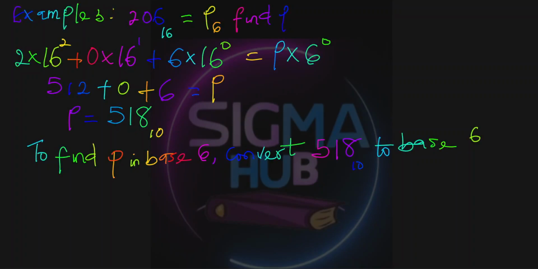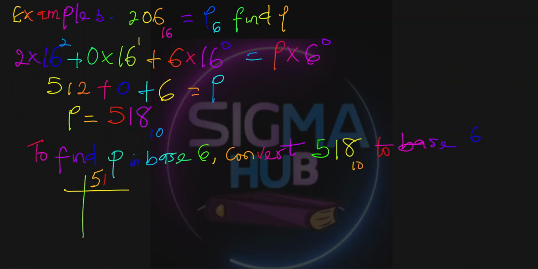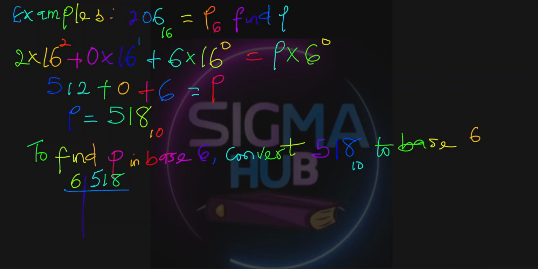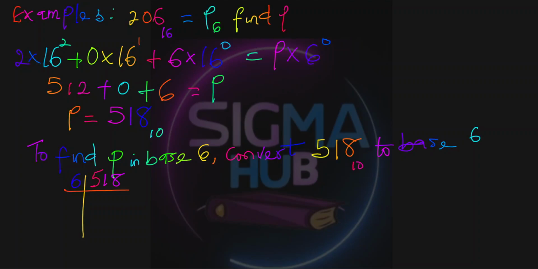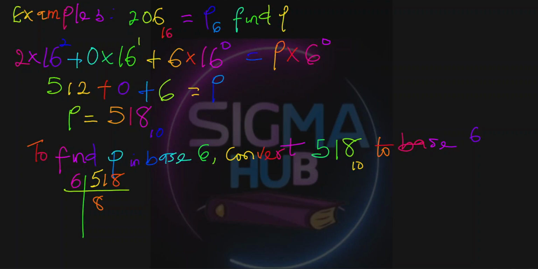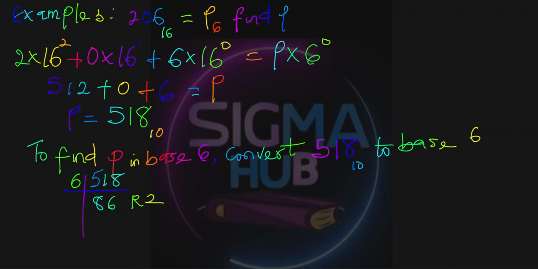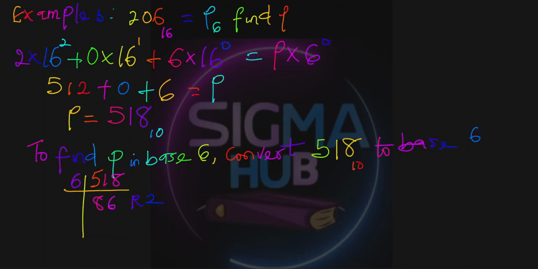So we have 518. We are going to be dividing all through by 6, because we are converting to base 6. So 518 divided by 6 is going to be 86, remainder 2. Then 86 again divided by 6 is going to give us 14, remainder 2.